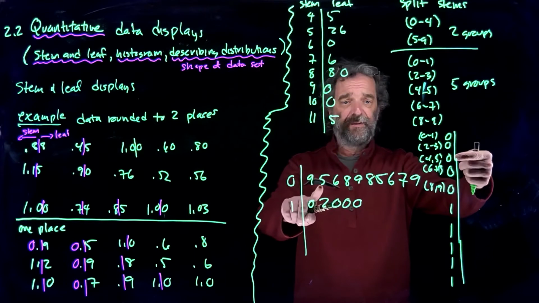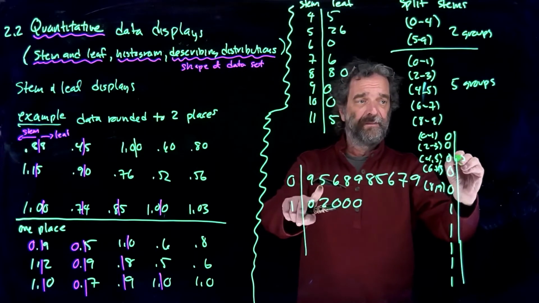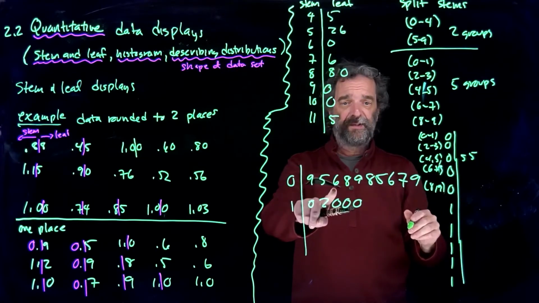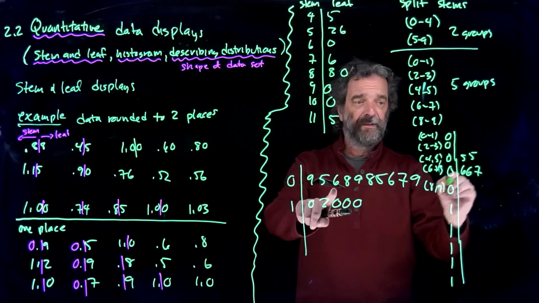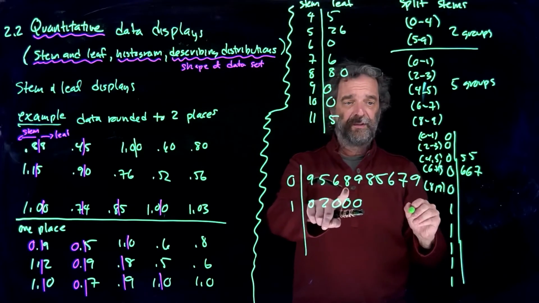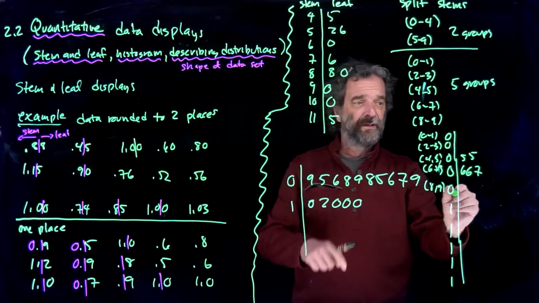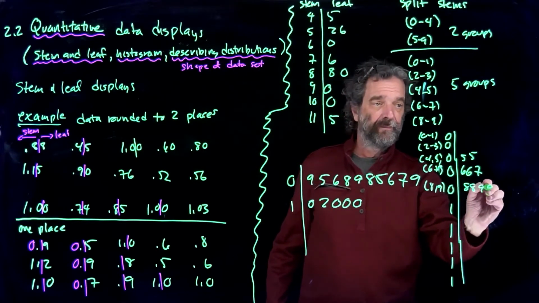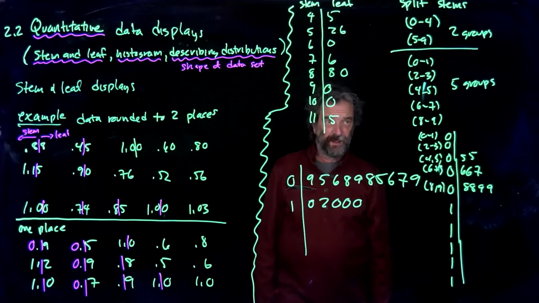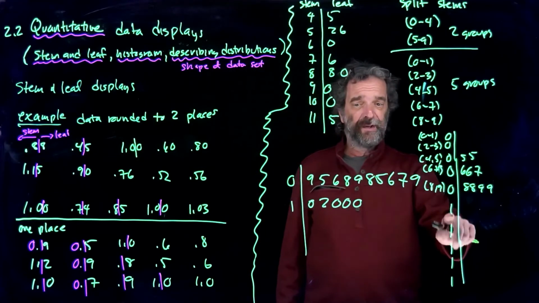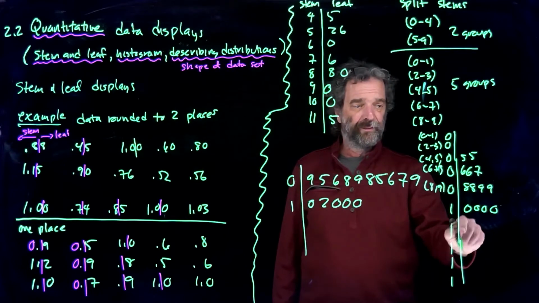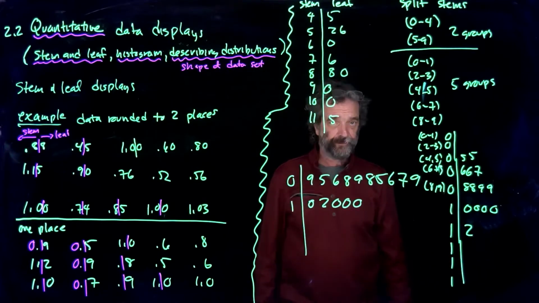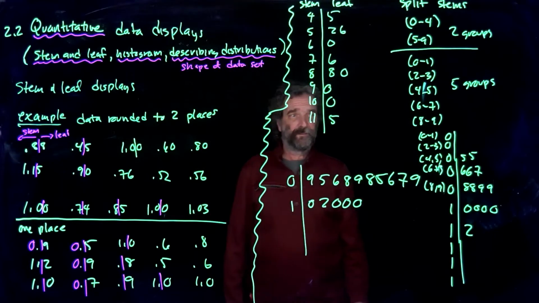There's some 5s though. 5, 5, and 6s and 7s. 2 6s, 1 7, 8s and 9s. 2 8s, 2 9s. Now we apply the same strategy here, 0 through 1, 2 through 3, 4.